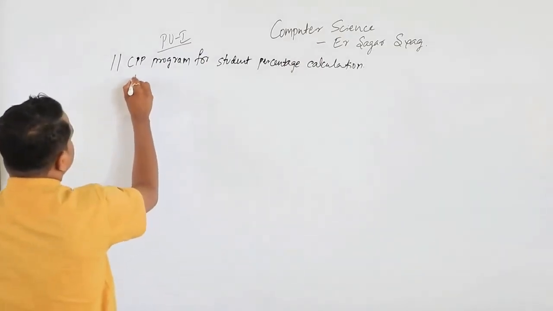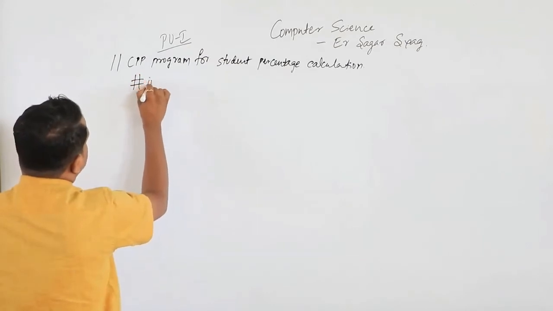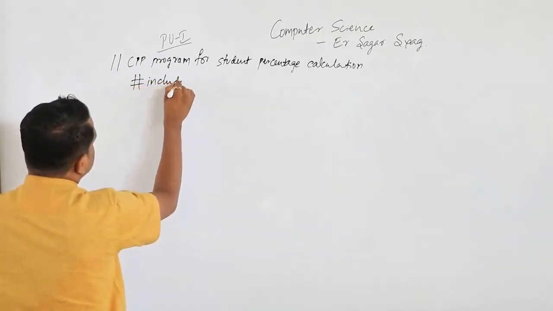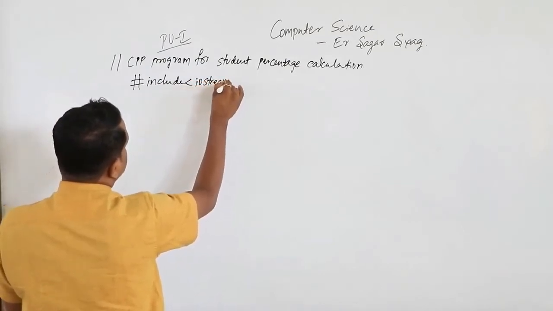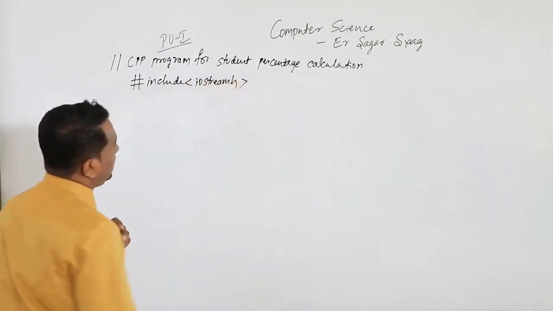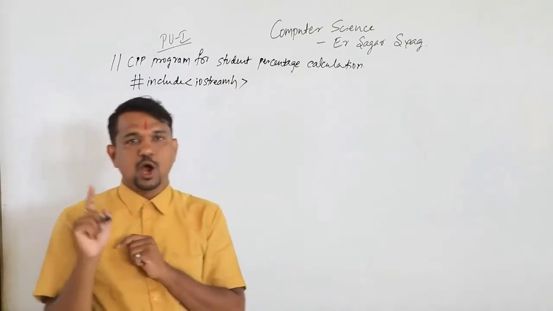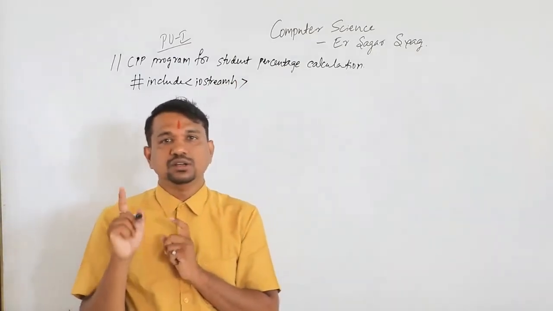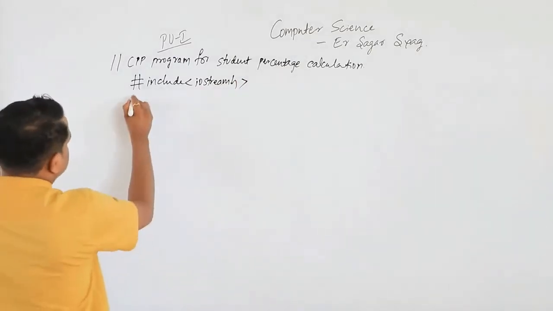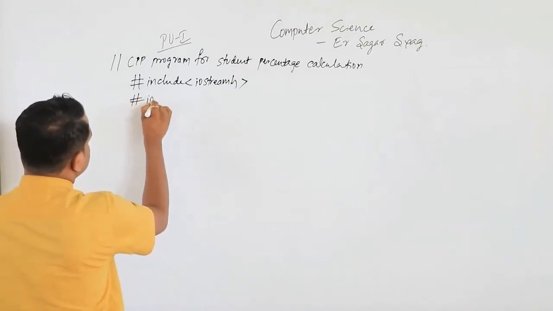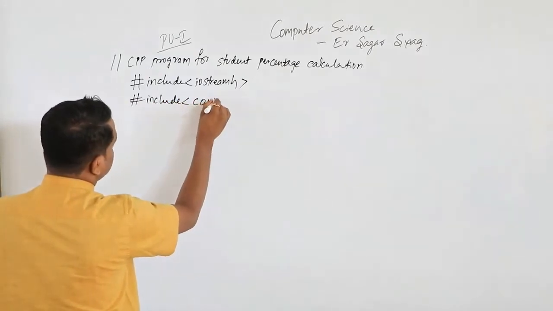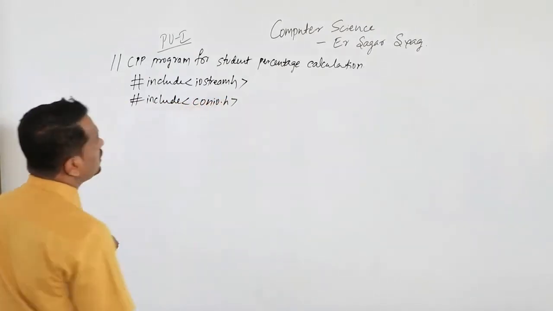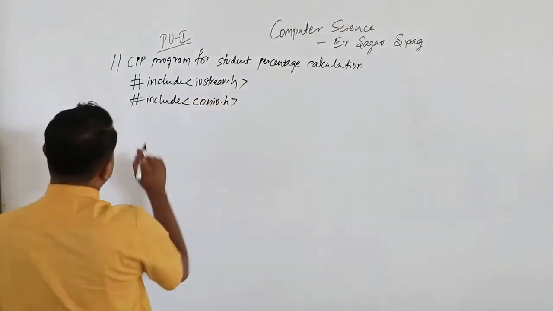Next, we must use the header file, that is hash include IO stream.h. That is input output stream.h. And the next one, hash include Konnur.h, console input output.h.